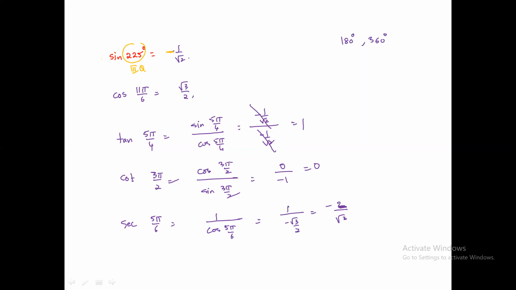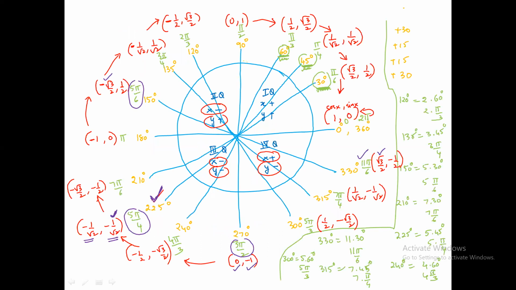Then 225 you can write as 180 plus 45. So same sine 45 value, which you need not try very hard to remember. It is 1 by root 2. So if you remember only the first quadrant values, the remaining also you can find.